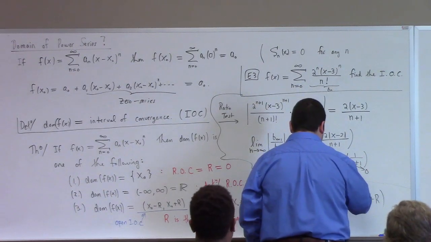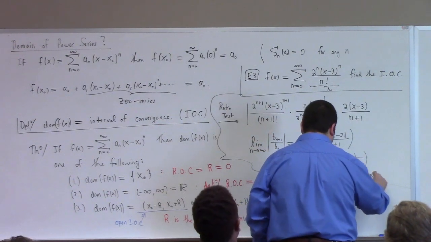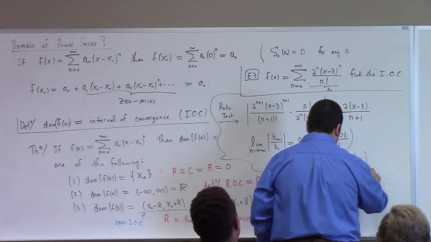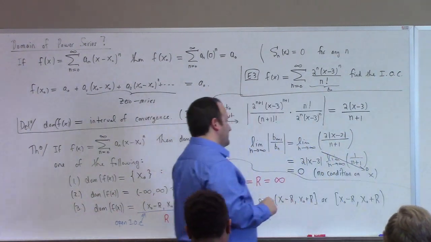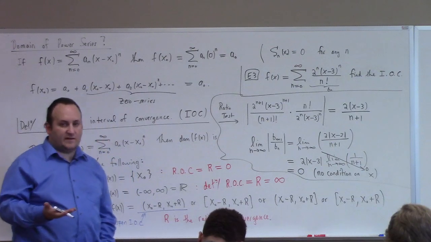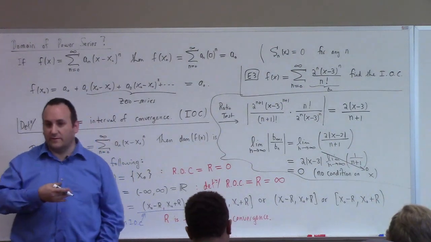So what's that mean? That means that the ratio test says that this series converges for any x.